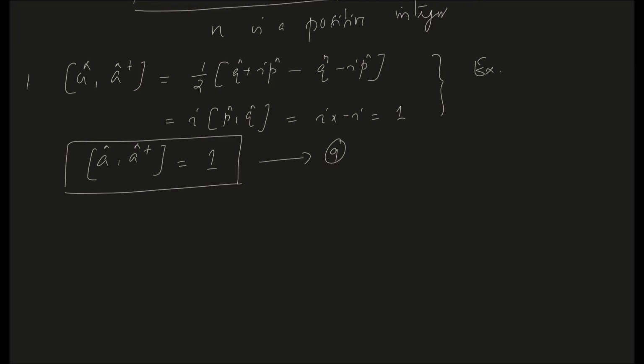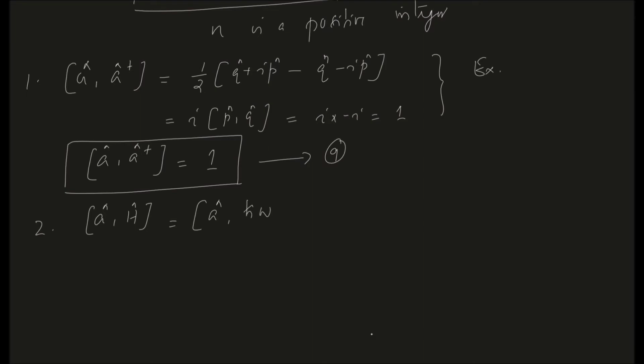Now the second commutation relation is the commutation between A and the Hamiltonian.